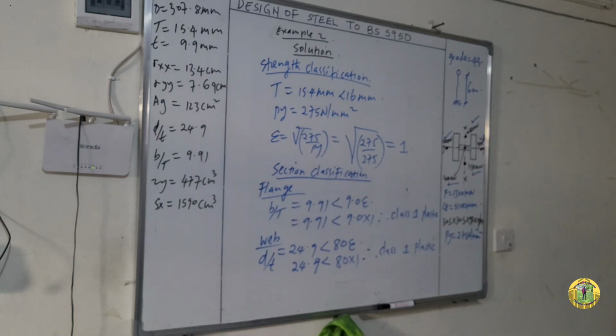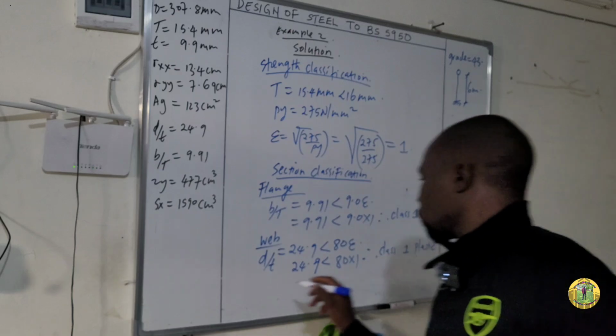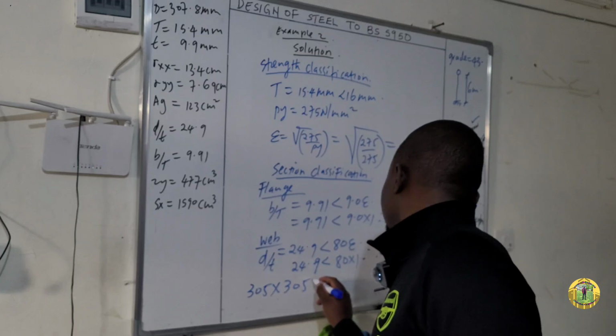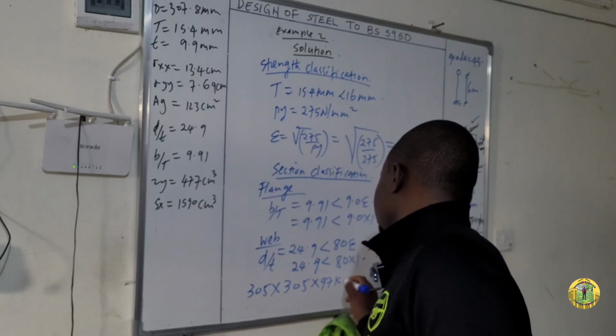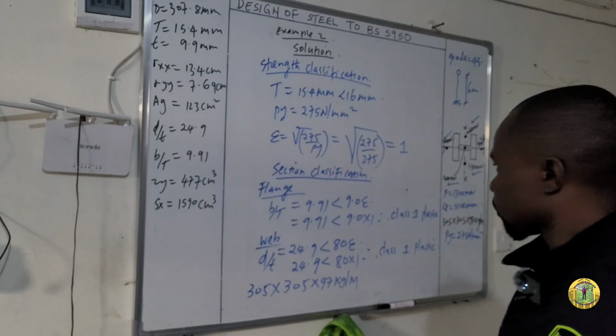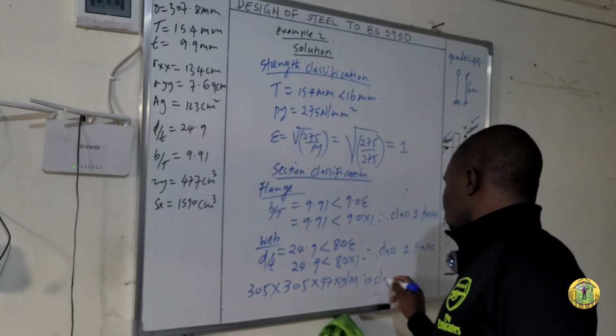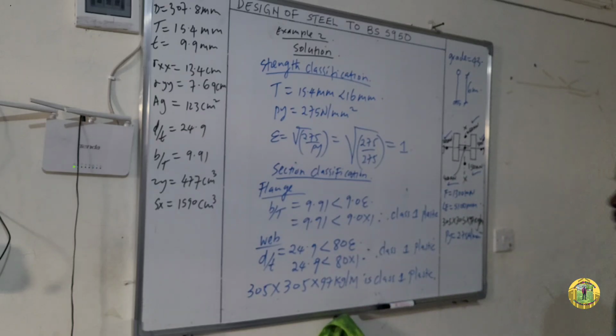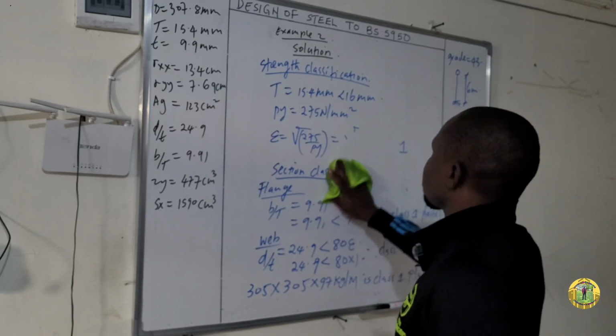And then you will say the section 305 by 305 by 97 kilogram per meter is class 1 plastic. After that, we'll come to the slenderness ratio. Allow me to clean here.